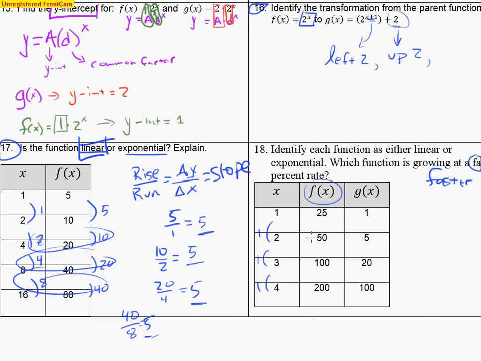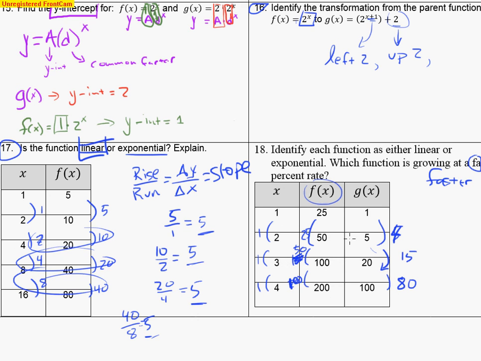Now f of x is going by 25, 50, and then 100. Over here, I'm going by 5 first, or 4 first. Then I'm moving by 15, and then I'm moving by 80.